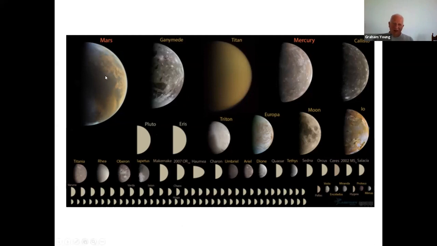You see that Mars is half the size of the Earth, so we can fit Mars in there. Ganymede is the largest moon in the solar system. Titan's the second largest. The planet Mercury comes next in size, but Mercury is 2.5 times more dense than these bodies. So Mercury is still a lot heavier than Ganymede, Titan, and Callisto.